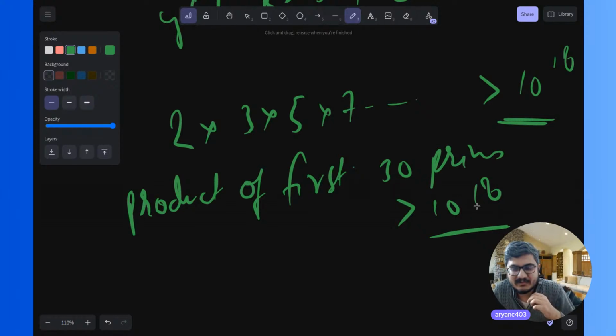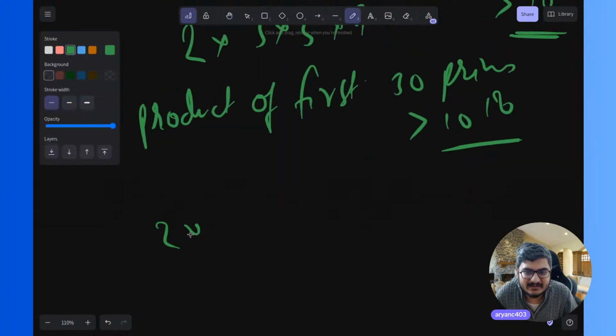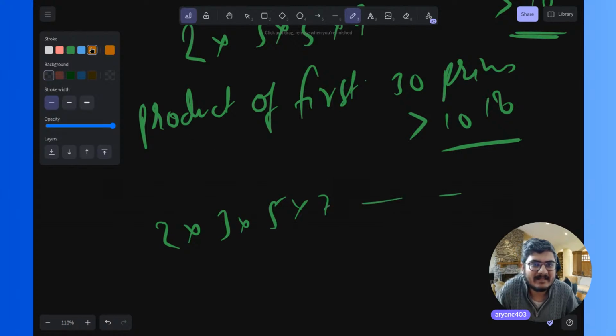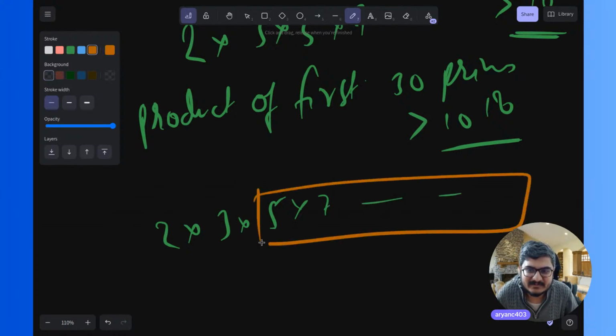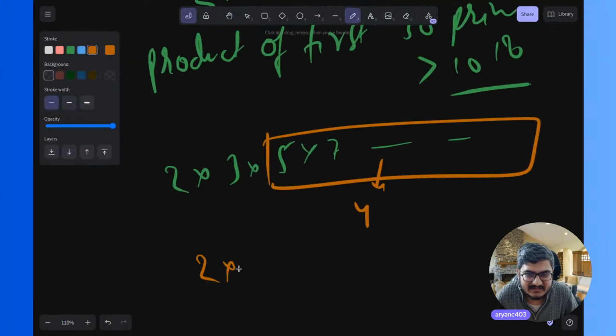One thing was I have used this observation multiple times. Another observation was, let's say I have this number 2 into 3 into 5 into 7 and so on. I can replace all of these numbers by 4. Let's say I have k such numbers. Then this value is definitely greater than 2 into 3 into 4 to the power k.